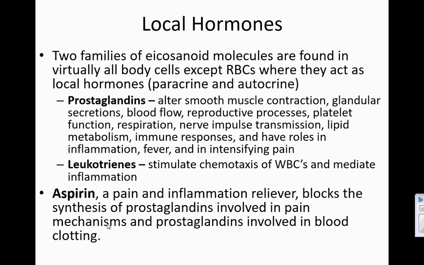We will talk about prostaglandins when we get to the cardiovascular system. They alter smooth muscle contraction, which we have in our blood vessels, therefore affecting blood flow. Inflammation is something we'll talk about with regard to blood flow and our cardiovascular and lymphatic systems. Fever is a function of the immune system, and we've talked about pain before, so you can read through that and see what prostaglandins do.